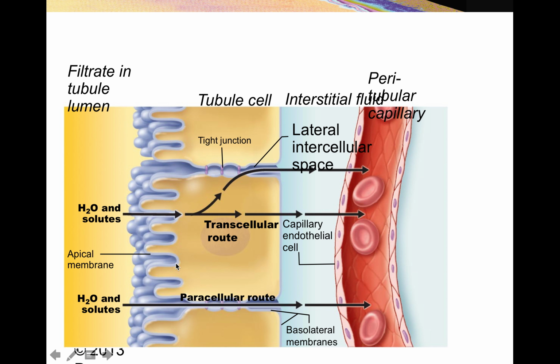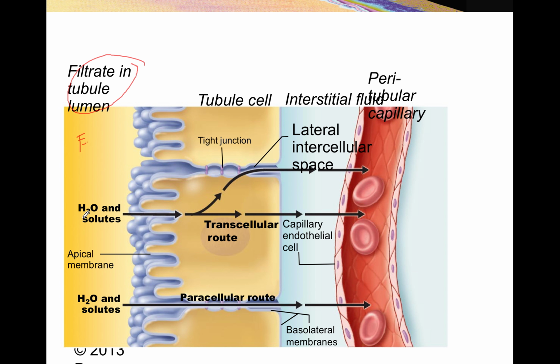Here's the same picture I've just described, so let's review it one more time. You have filtrate right here. You have the apical membrane. You have the basolateral membrane. You have the interstitial fluid right here. And you have your blood capillaries right here.